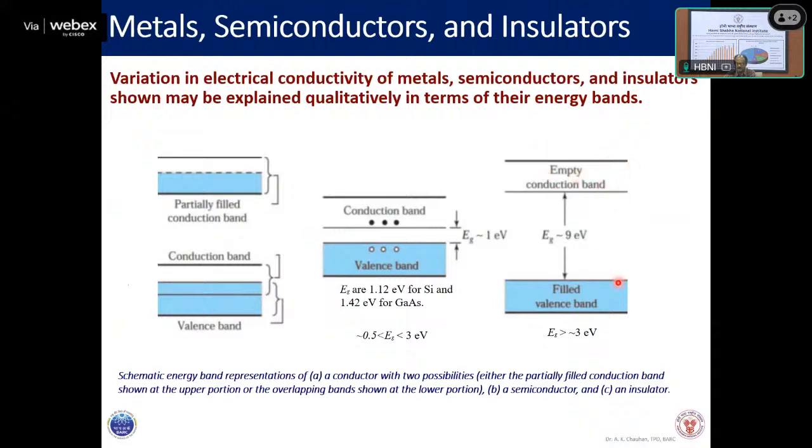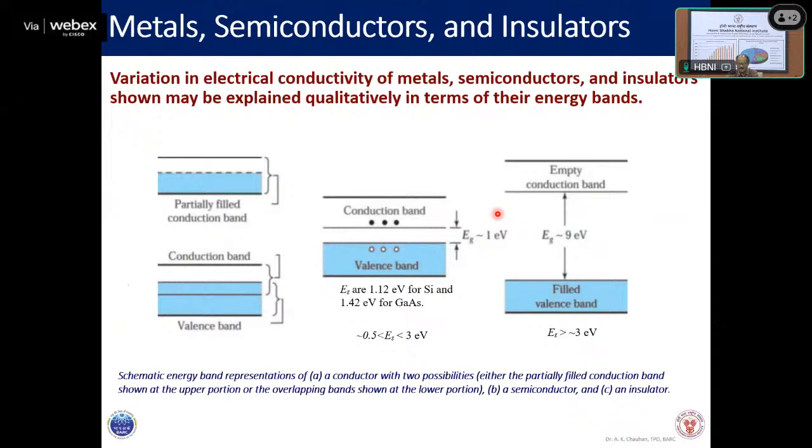This is a gap where absolutely no energy is allowed, so the electron will not accept it. Even if you apply a certain potential, the electron is not going to accept that energy, because it is not allowed to hold it; the energy it is expected to achieve falls inside this gap. So this is clear, and that is the reason why insulators, because they have a larger band gap, are not good conductors of electricity.